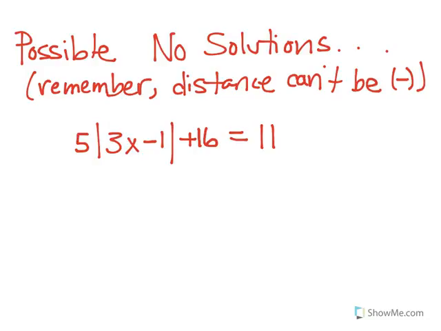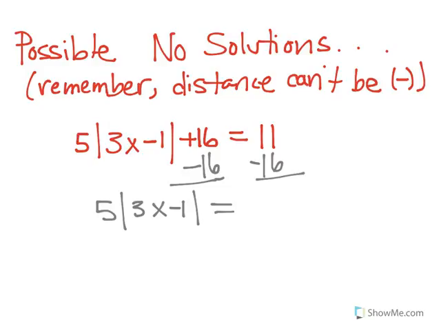Here I'm going to try to start isolating the absolute value expression. So I'll first subtract this 16 from both sides of the equal sign. And I get 5 times the absolute value of 3x minus 1 is equal to a negative 5.